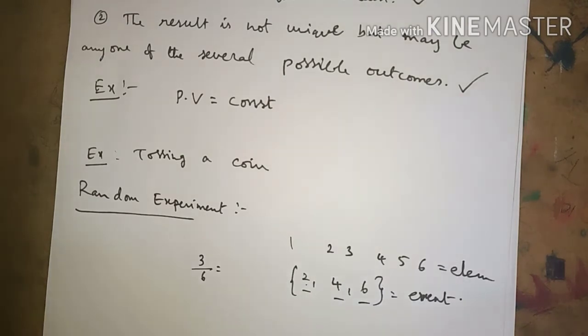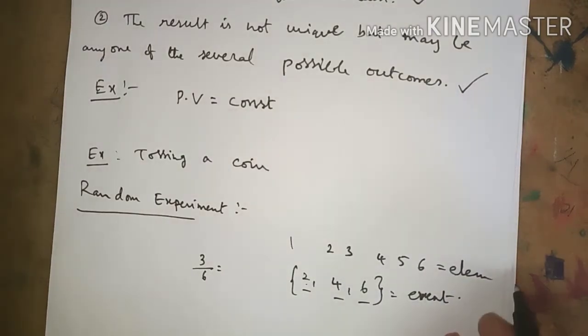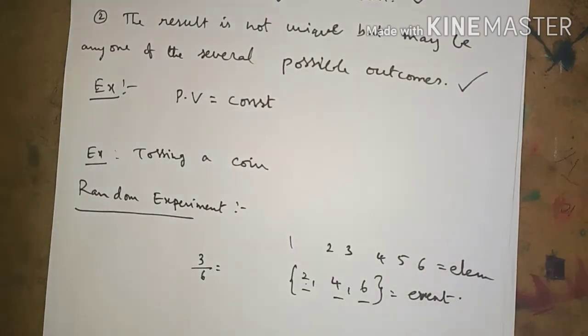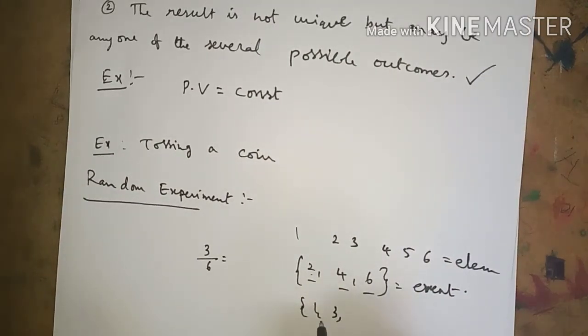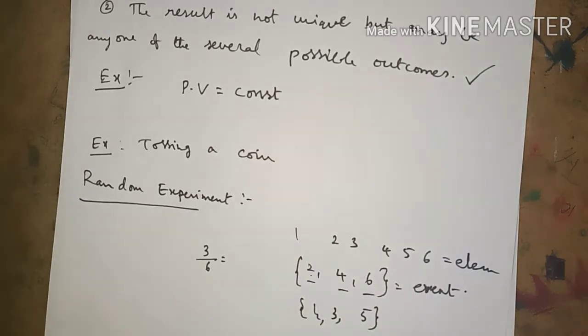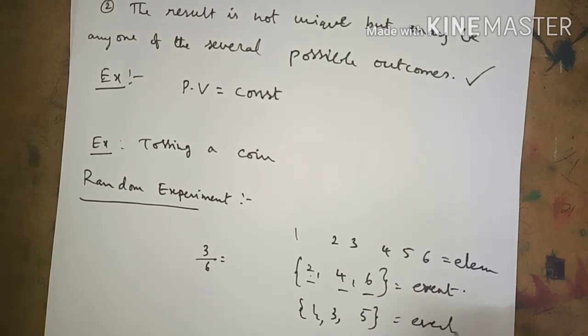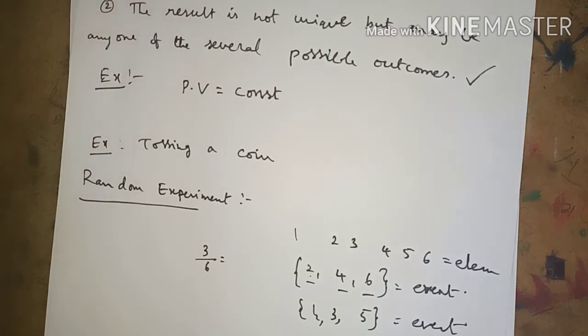All possible outcomes are called elementary events. A set of outcomes is called an event. Getting an even number is an event. Getting an odd number is an event, the set 1, 3, 5. This is about elementary events and events.